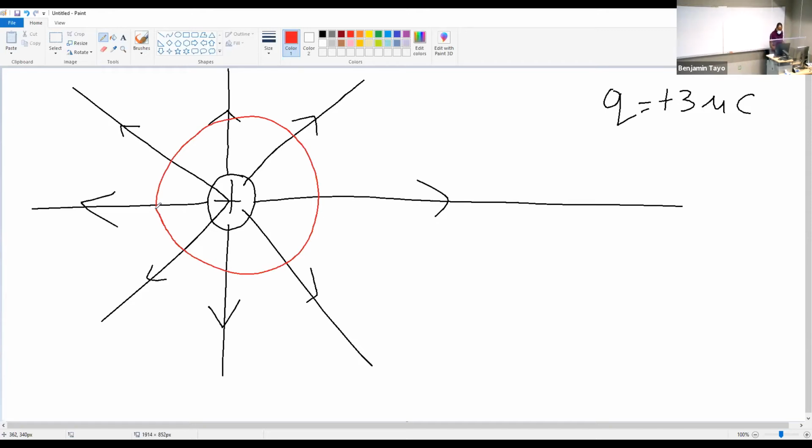So let's say that this point is point A right there. This is point B, this is point C, then F, G, point E, point H. So we're looking at a sphere that has a radius of 1.0 centimeters.